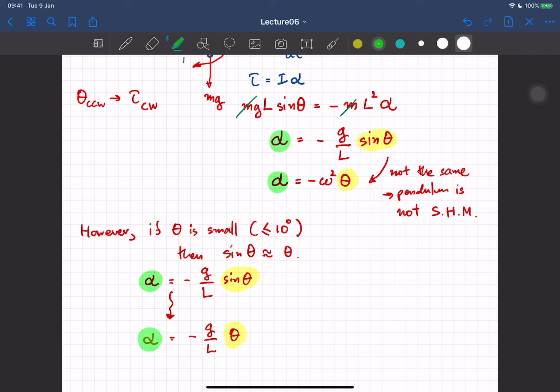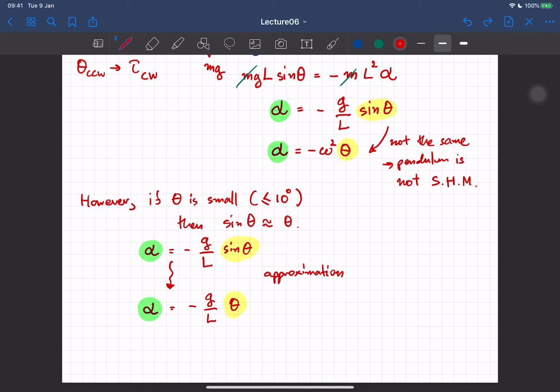This is the approximation. And usually it's good enough if the angle is less than or equal to 10 degrees. Maybe some of you have done some experiment with a pendulum, and you were told not to swing it with too large an amplitude, because then this approximation will break down.